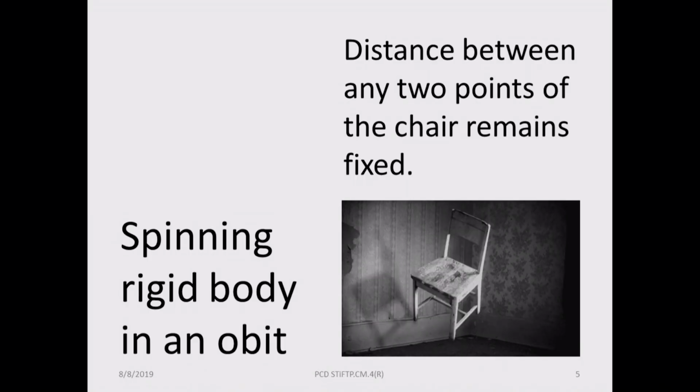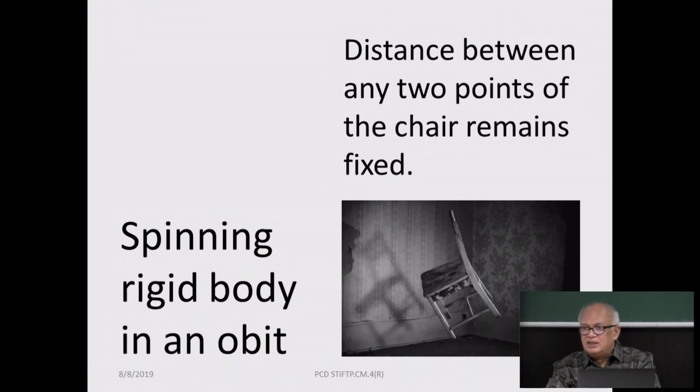If you want to describe these two particles, if they had nothing to do with each other, then you would need three coordinates for one and another three for the other, a total of six coordinates. But then if you know that they are bound by a certain rod, so that the distance between those two particles always remains fixed, there is one constraint, and then it is no longer necessary to specify the six degrees of freedom.